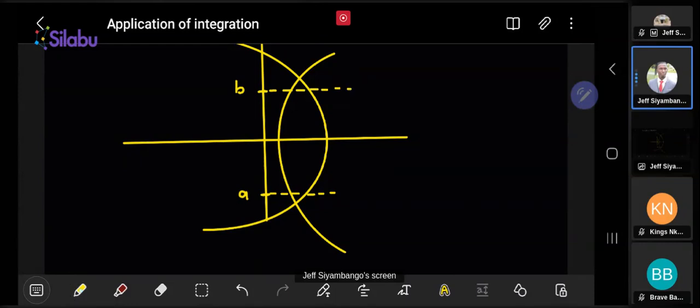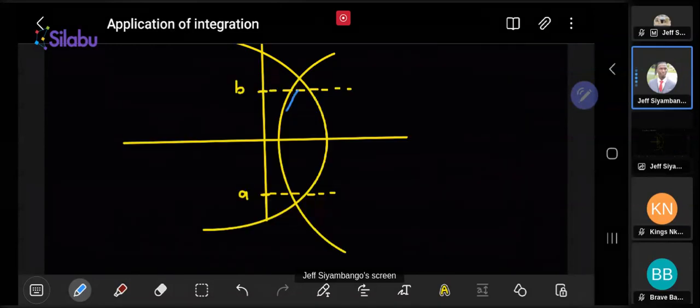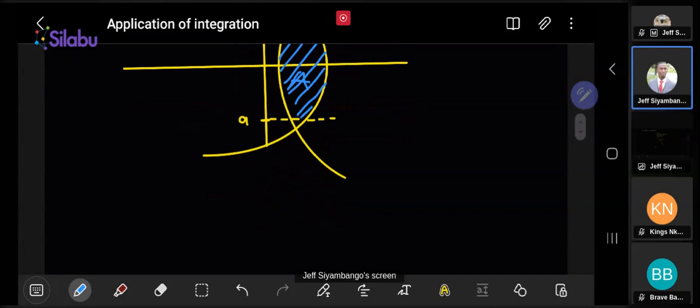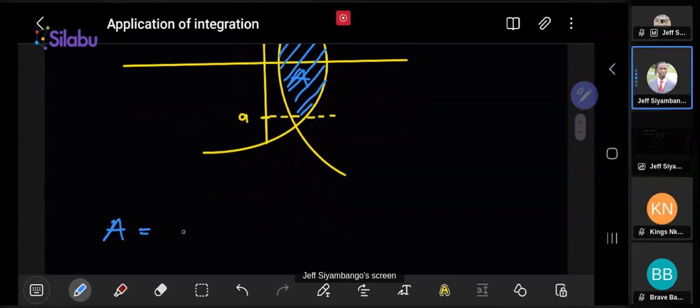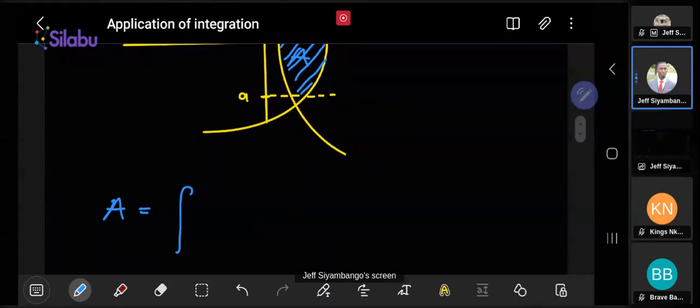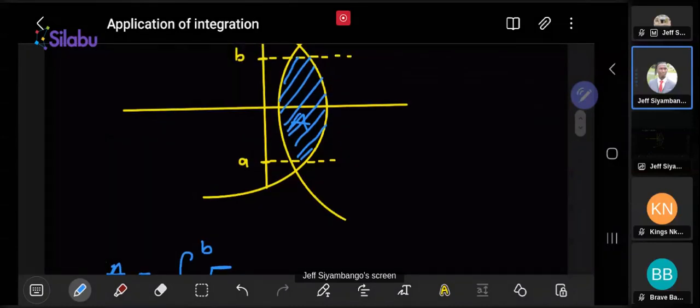To find the area bounded by the two curves and controlled by A and B, we're looking for this area here. Notice that now our integral is still changing from A to B, but the functions, if you look at them, are changing in terms of y.